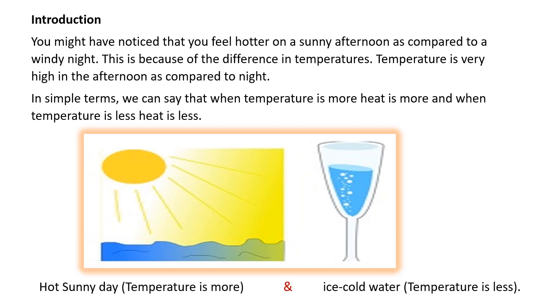In simple terms, we can say that when temperature is more, heat is more, and when temperature is less, heat is less. As shown in the diagram, the first example is of a hot sunny day when the temperature is more, and the second one is ice cold water where the temperature is less.